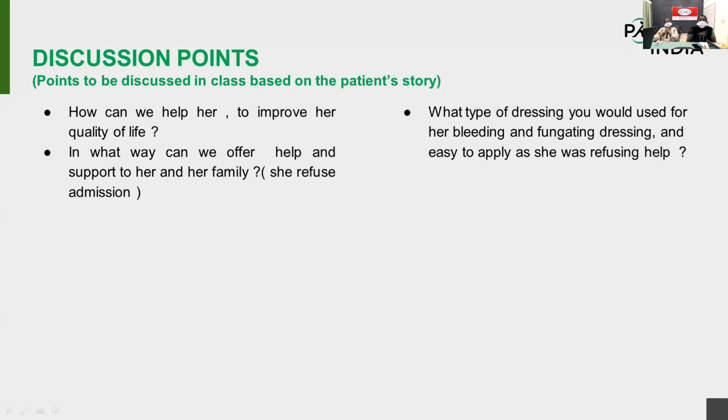So here the first question is how can we help her to improve the quality of life? Our aim in palliative care is to improve the quality of life of the patient and their family. So in this case, if you want to improve the quality of life, you can try to reduce the symptoms, or palliation of symptoms. If there is pain, you can try to reduce the pain.